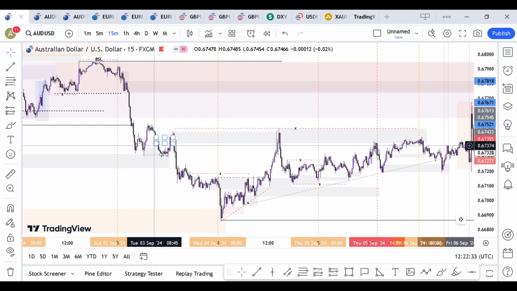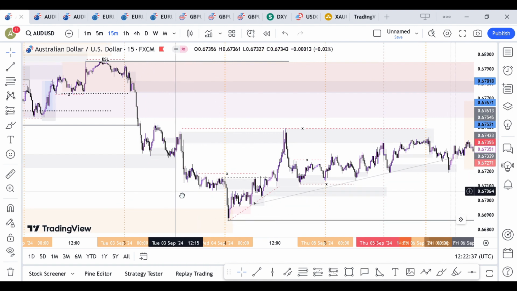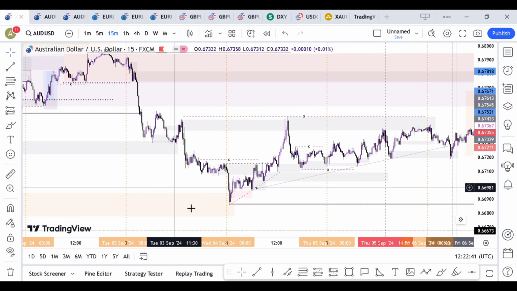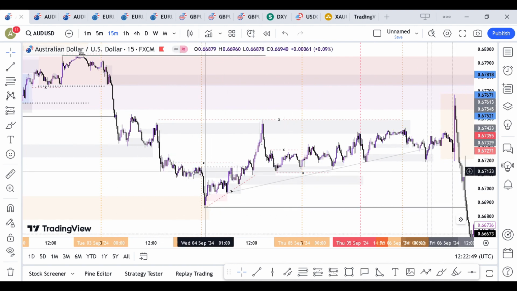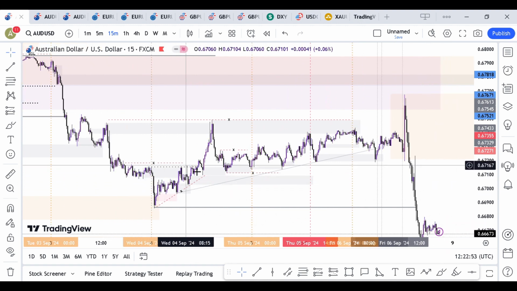So all the way, I think during the Tuesday I wasn't interested because I didn't find any POI that would give me a clue of price bouncing back in the opposite direction or the pullback. So after it came down here, this was on Wednesday, I marked that as my change of character once it was broken.